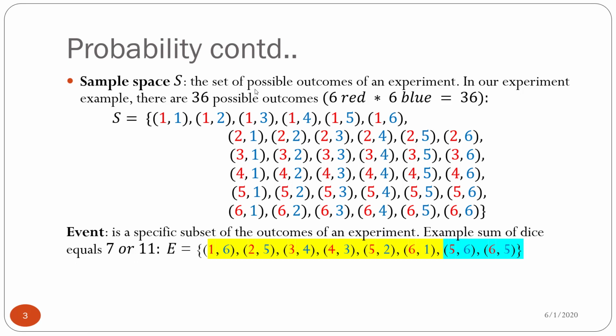Now to make things easier to understand, let's think that the two dice that we have are of different color. The first one is of red color, and the second one is blue color. Each dice has 6 faces, so the number of cases possible is 6 multiplied by 6. On the first dice, you have 6 faces, each marked with the numbers 1, 2, 3, 4, 5, and 6. And similarly, the same is the case with the second dice.